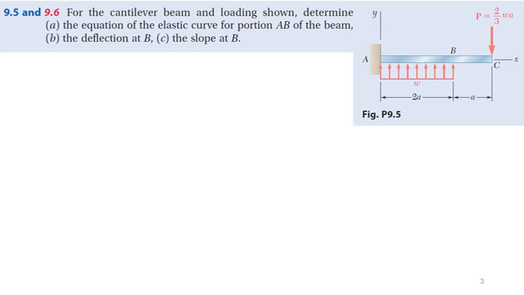So we can make the free body diagram like this. We have a distributed load till 2a, and a point load acting over here, so let me put P. Let's take the reaction and the reaction moment at A, because it's a cantilever beam.